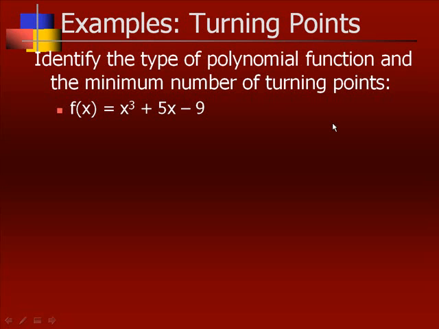So if our function is f of x equals x to the third plus 5x minus 9, then we say that the degree is 3. So there are at most 2 turning points. And we call a degree 3 function a cubic function.